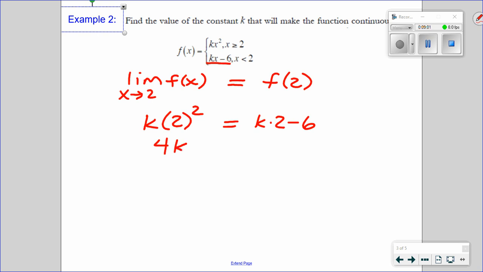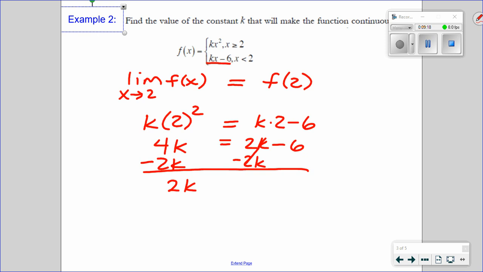I'd probably rewrite that as 4 times k equals 2k minus 6. And then notice you're just left with an equation, so you solve the equation, subtract the 2k, 4k minus 2k is 2k equals negative 6, divide by 2, and we get k equals negative 3.